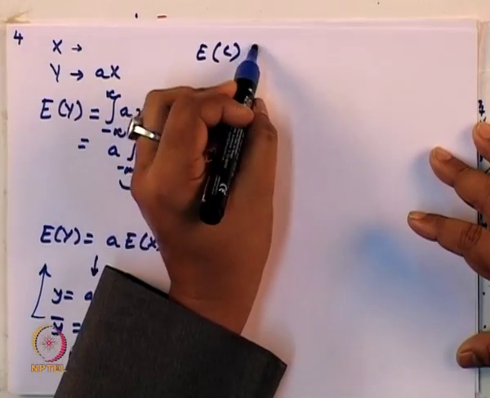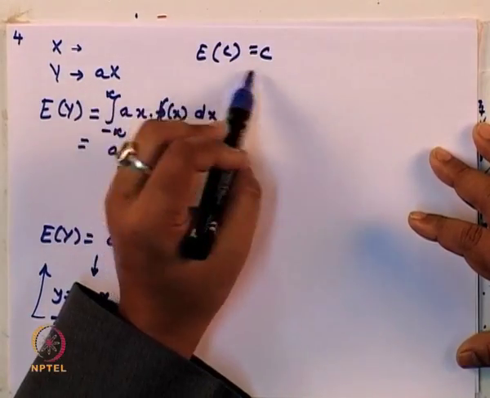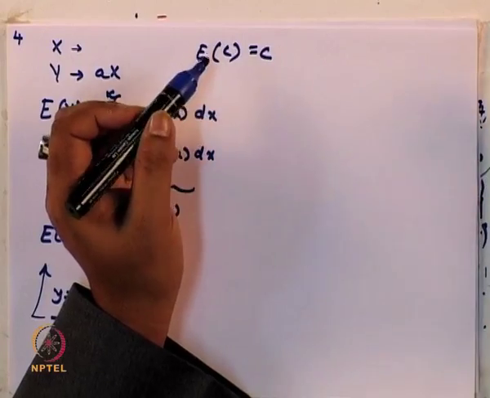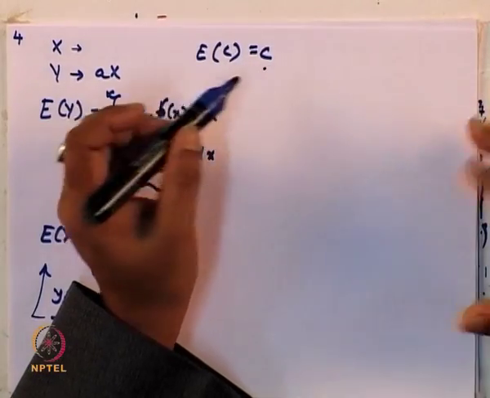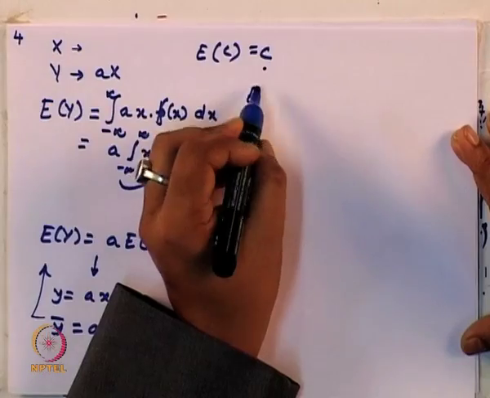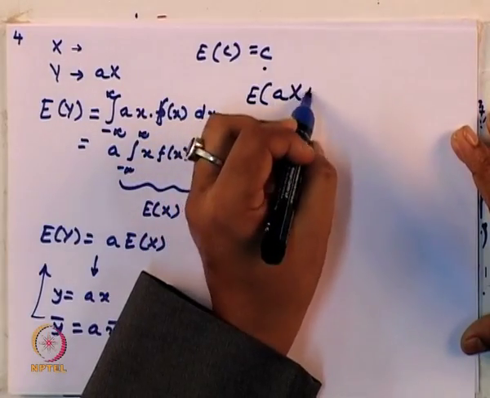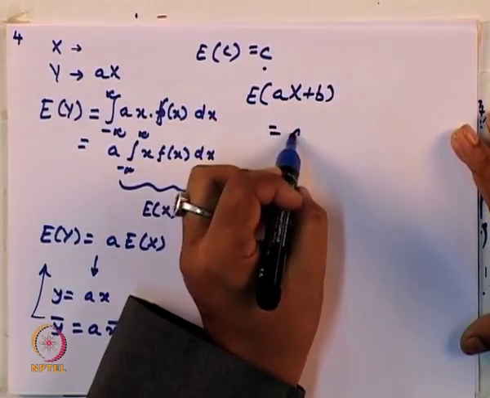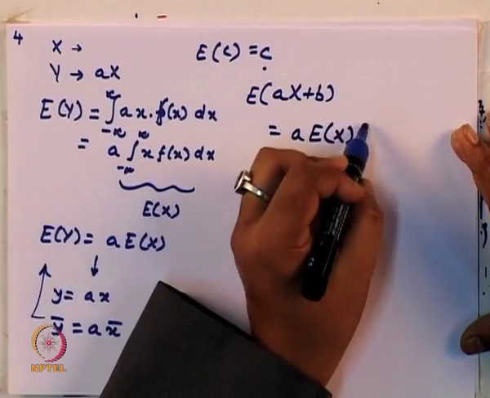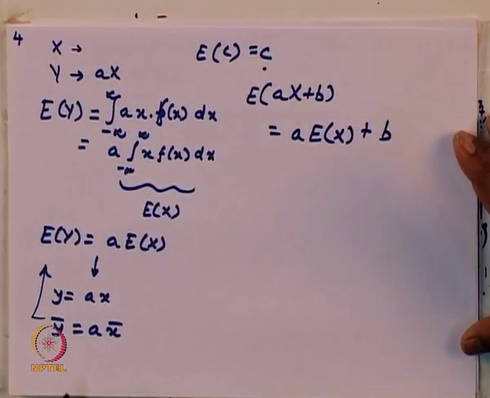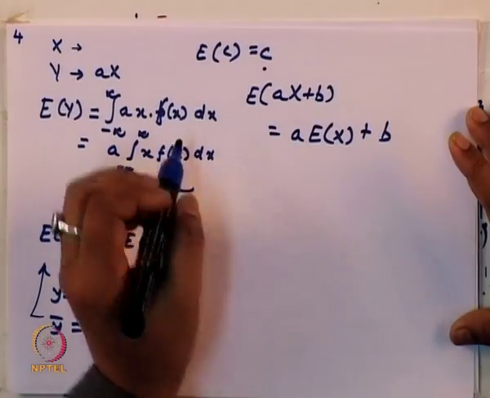E of a constant c is nothing but c. If your variable is always constant, then on an average you always expect the constant value. We can generalize this and say E of a x plus b is equal to a E of x plus b.